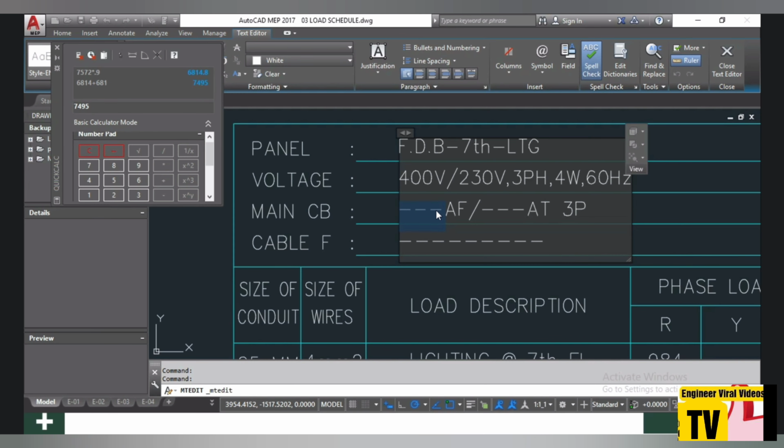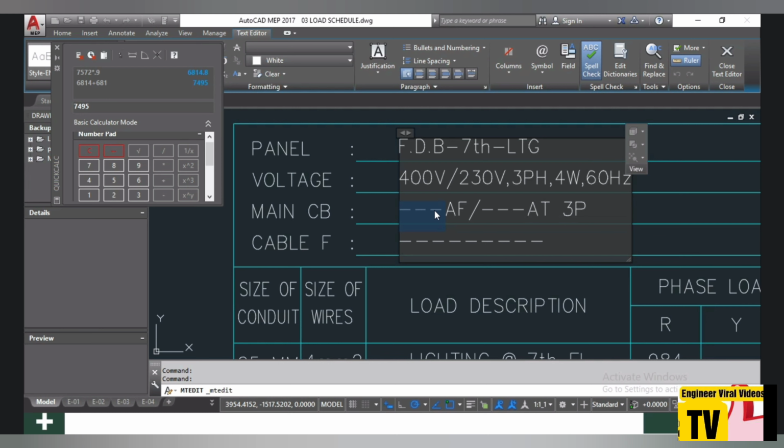Now here in this panel board I have the total current of 12 ampere. But I will not find an MCCB of, for example, 20 ampere. Maybe I will find 40 ampere, the nearest value to my current.